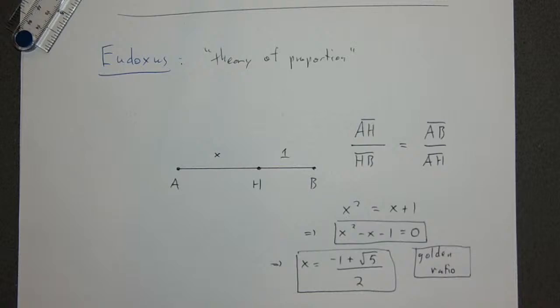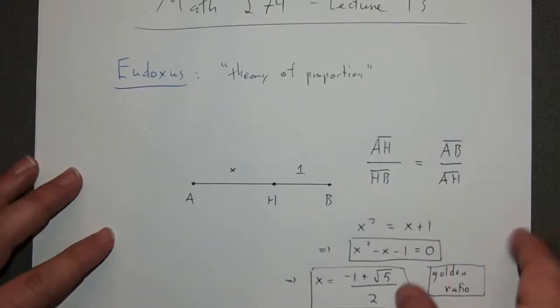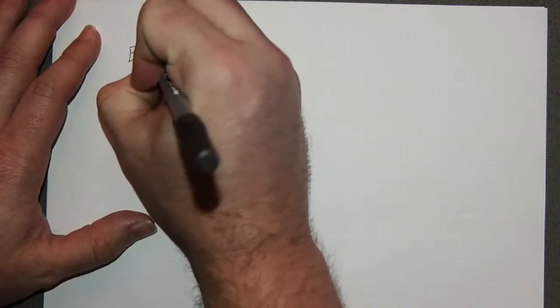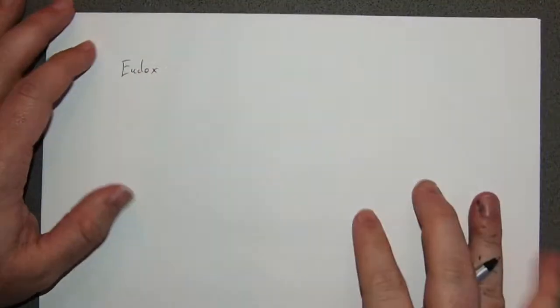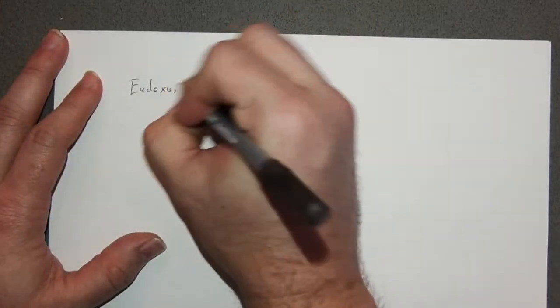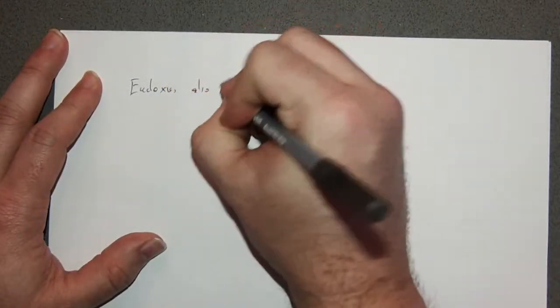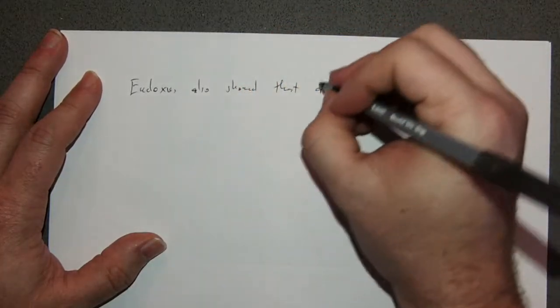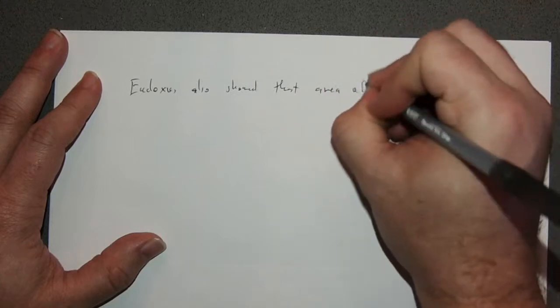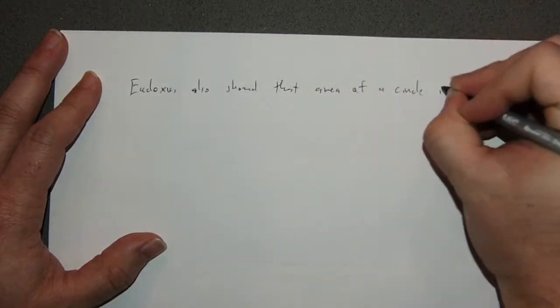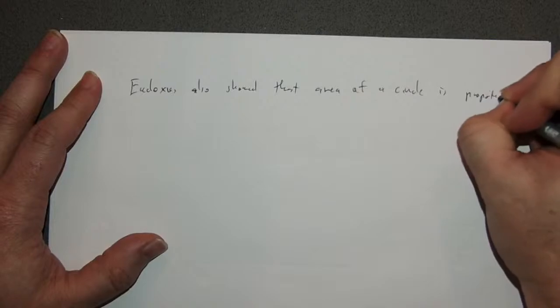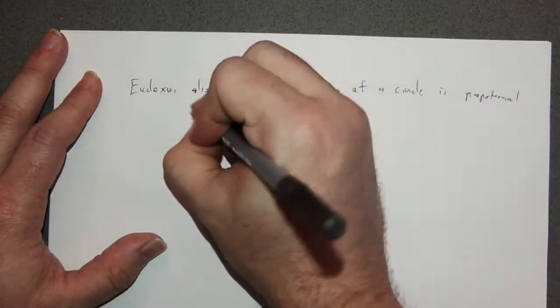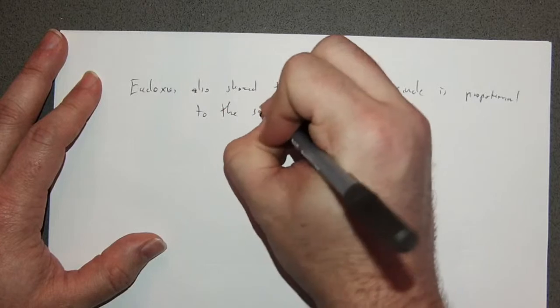Okay. So apart from the theory of proportion, which is extremely important, Eudoxus did a couple of other things. So Eudoxus also showed that the area of a circle is proportional to the square on its diameter.